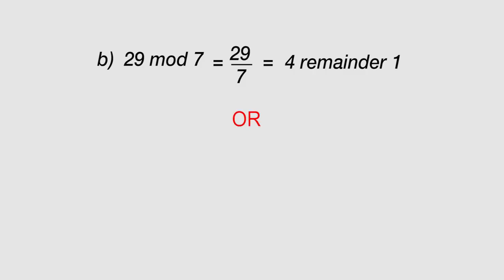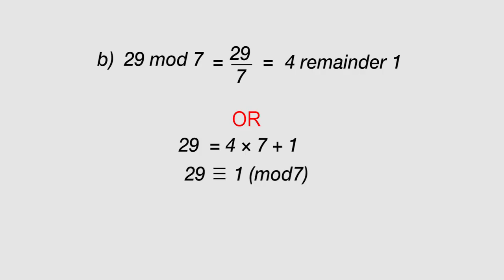An alternative way of working this is to write 29 as 4 times 7 plus 1. You know 4 times 7 is 28, and 28 plus 1 is 29. And therefore, the remainder is 1. So we say 29 is equal to 1 in mod 7.